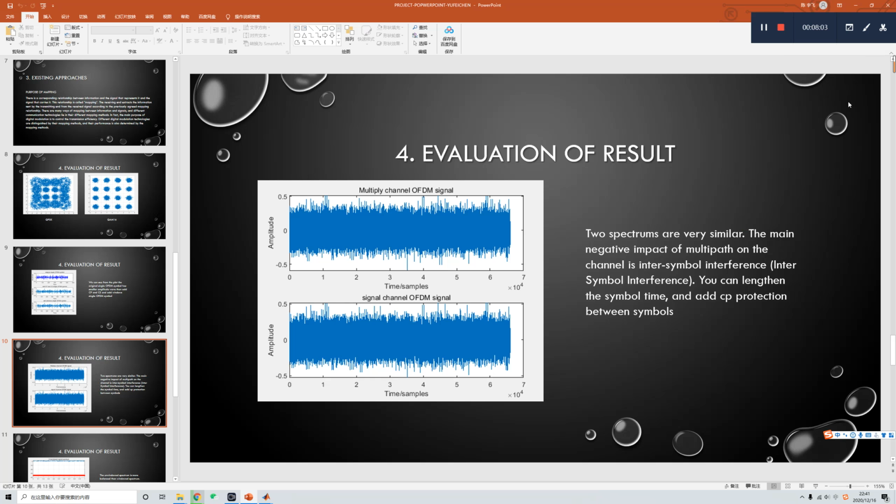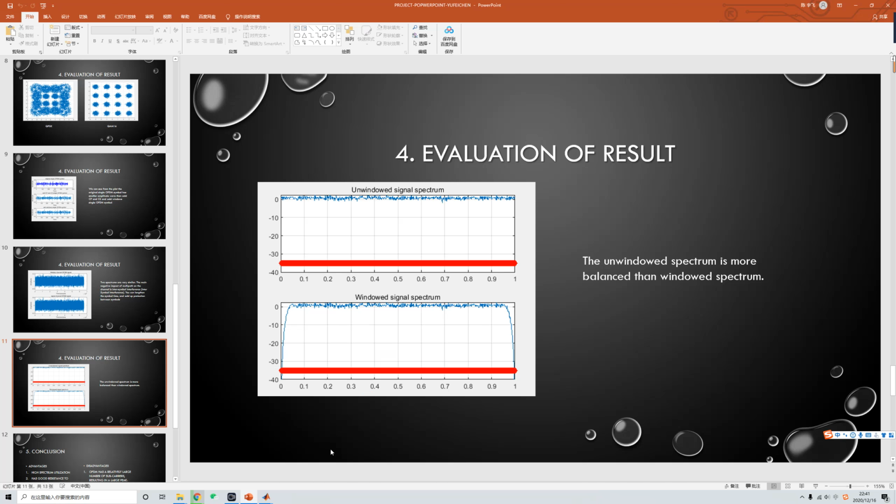For the multipath channel, the main negative impact of multipath on the channel is intersymbol interference. So we can lengthen the symbol time and add CP protection between symbols to reduce the interference.